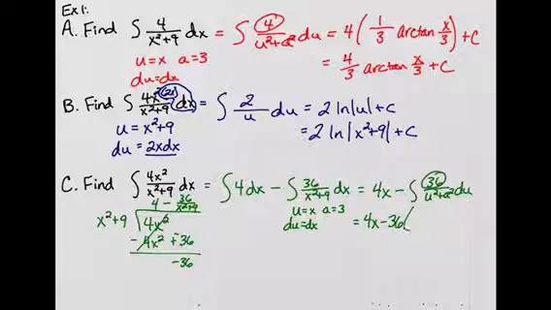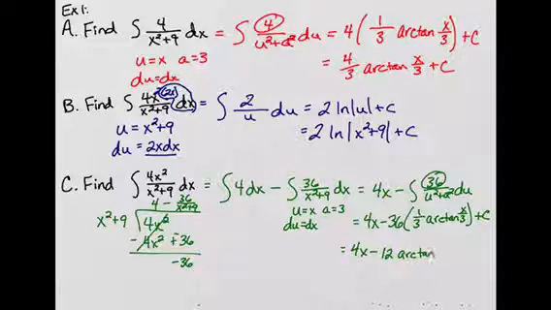So I have 36 times, and then I have 1 over a, which was 3, times the arctangent of u over a, so that would be x over 3, then I have plus c. So I get 4x minus, and then 36 times 1/3 is 12, arctangent of x over 3 plus c.